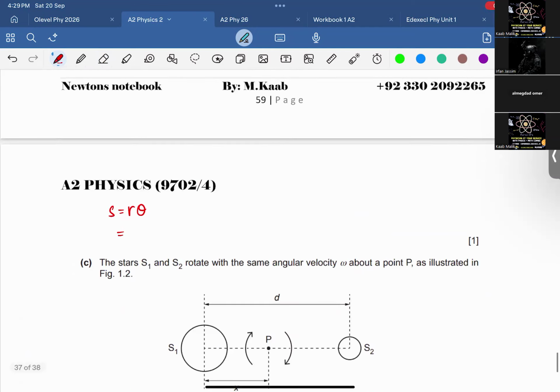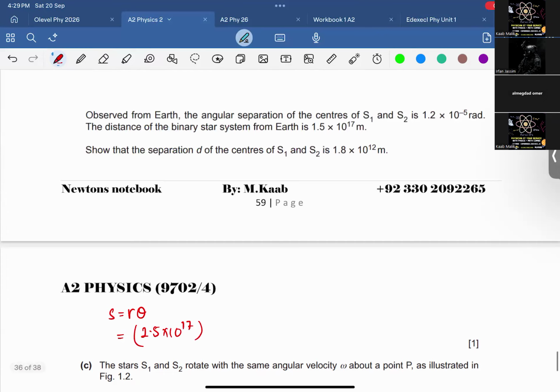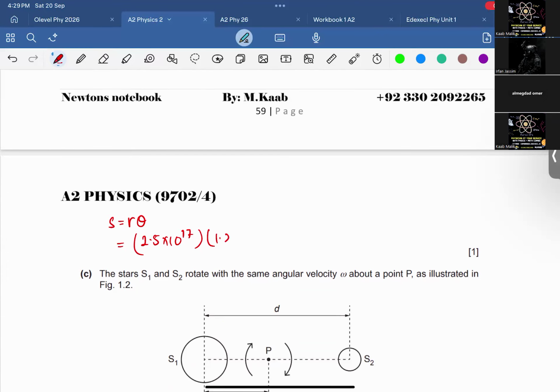So 1.5 exponent 17 times the angle, which is 1.2 exponent negative 5. How much?